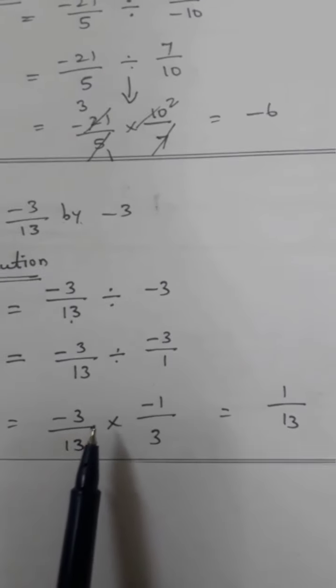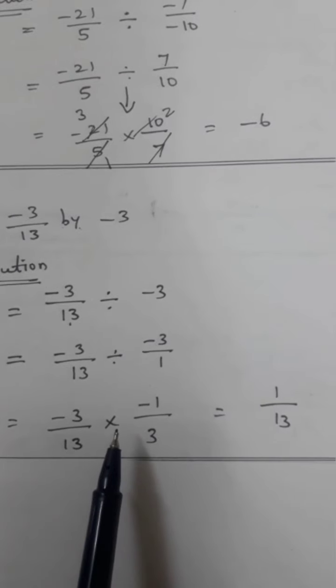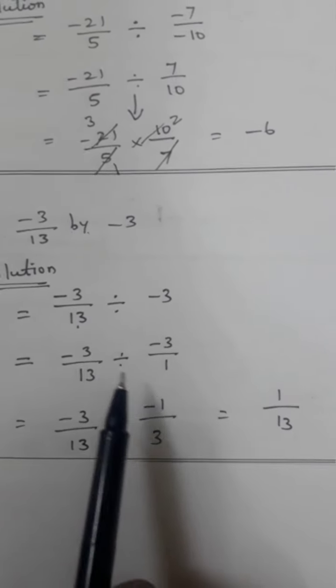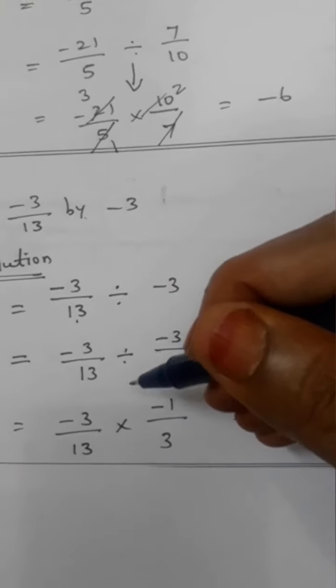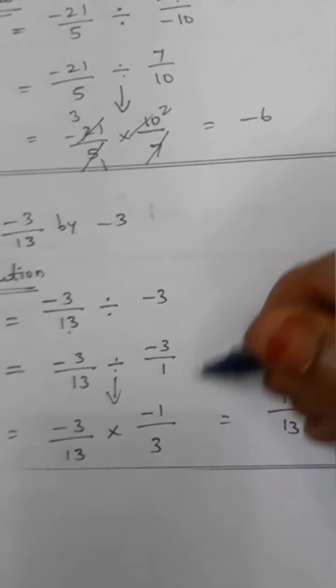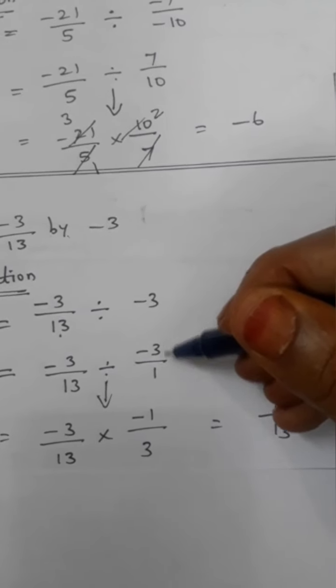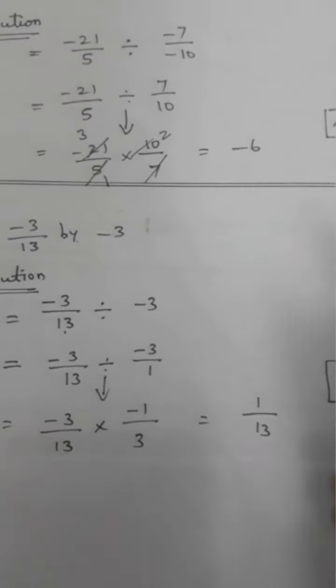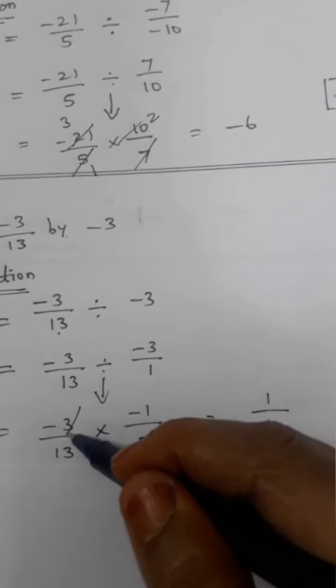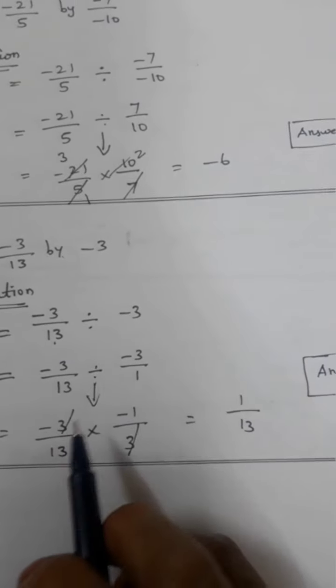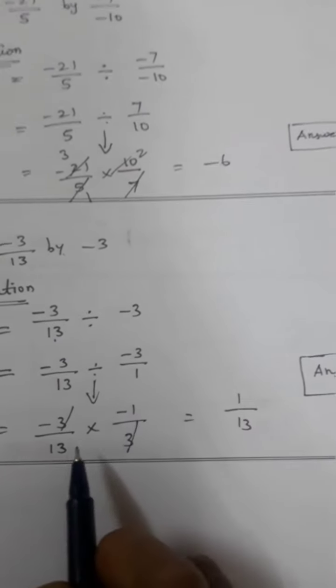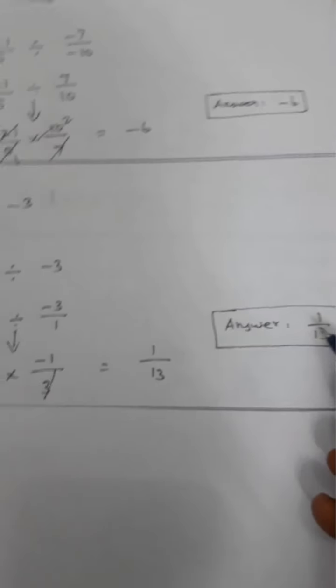Next step, minus 3 by 13 into reciprocal, right? Division changes into multiplication. Next, write the fraction as its reciprocal. 3 by 1 you write as 1 by 3, with the minus symbol only in the numerator. Now 1 3 is 3, 1 3 is 3, strike out, 3 3 cancel. Minus into minus is plus. 1 is remaining, 1 13, 1 by 13. The answer is 1 by 13.